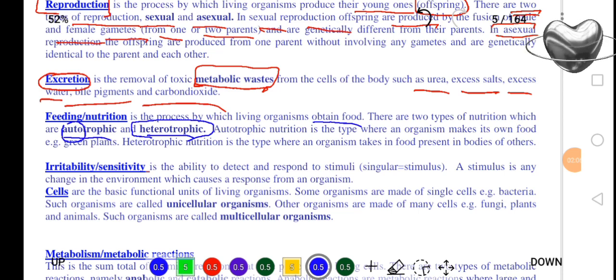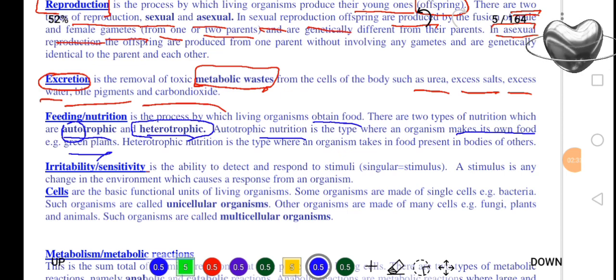And since we feed on food made by other living organisms, we are dependent on plants. Therefore, we are saying autotrophic nutrition is the type where an organism makes its own food, e.g. green plants.